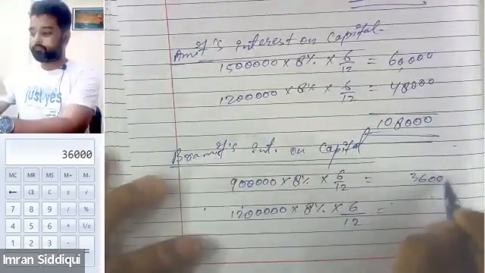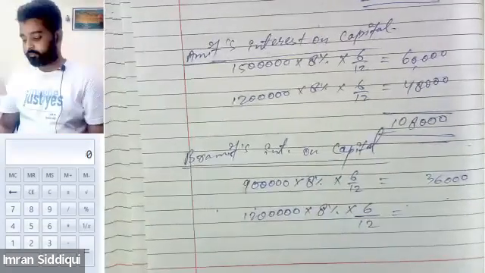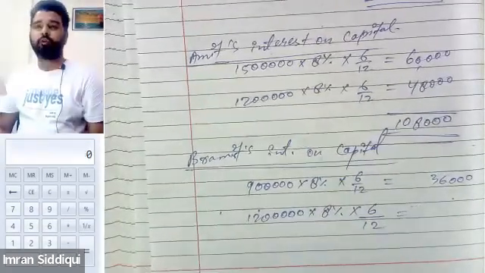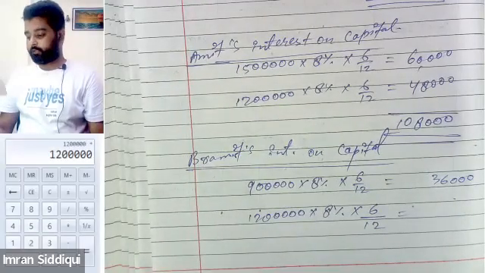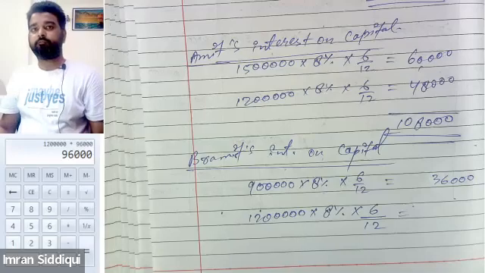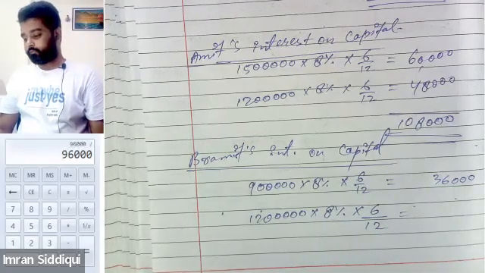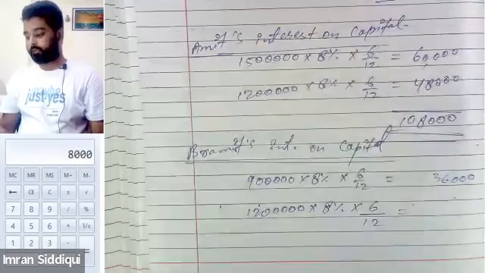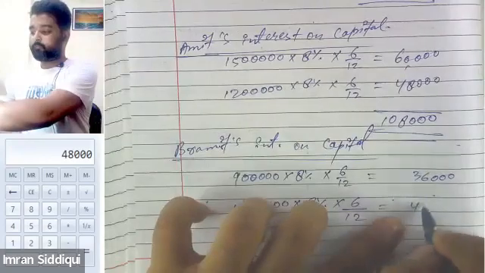So interest on capital for the first 6-month period will be 36,000, and for the remaining 6-month period it will be calculated on 12 lakh capital. So 12 lakh into 8% is 96,000, and 96,000 divided by 12 and multiplied by 6 will be 48,000.